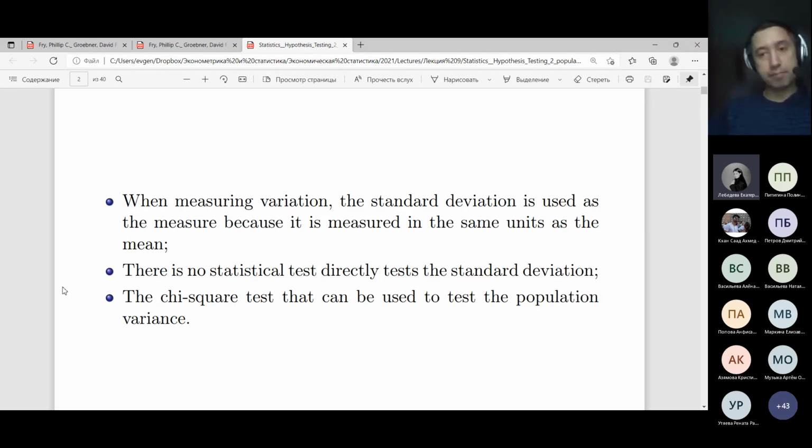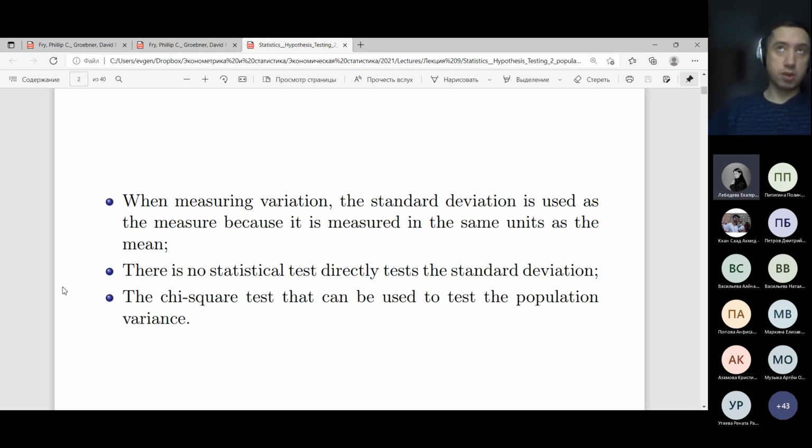All of these tests rely on two distributions. The first distribution is the chi-square distribution, and the second distribution is the F distribution or Fisher distribution.